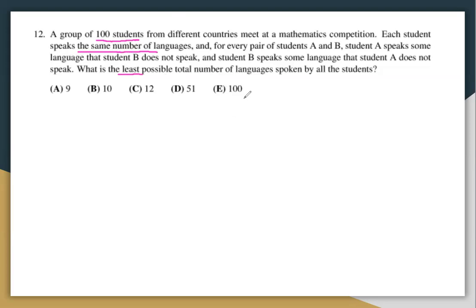But let's say every individual speaks 5 languages. That means one of these has to be different from student B's. So student B shouldn't have all 5 in common, and we should have one of them different.